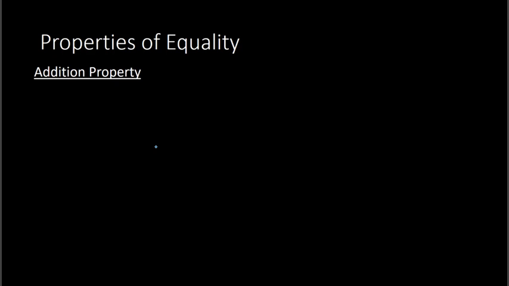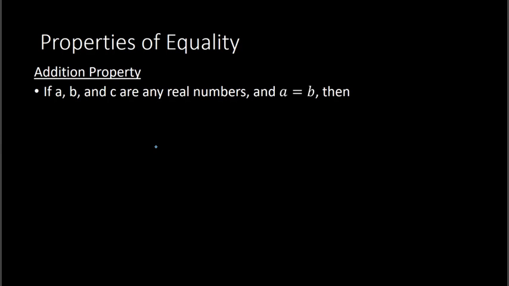So we have the addition property, as we just stated, which says we can add the same thing to both sides. In mathematical notation, this is the same thing that we just discussed. So if you're given a, b, and c as being any real number, and a is equal to b, then I can add anything to both sides. So I can add c to both sides and still have a true statement.